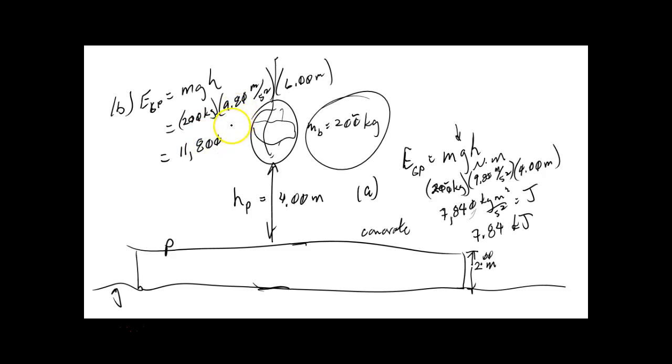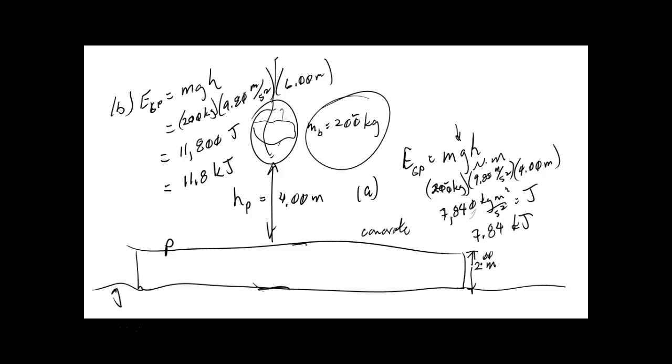What units? Joules, exactly. And if you wanted a smaller number but a bigger unit, what would that be? 11.8 kilojoules. Kilo means 1,000. This is 11,800 joules. That would be 11.8 kilojoules, right? No, don't be rounding. You just move your decimal.